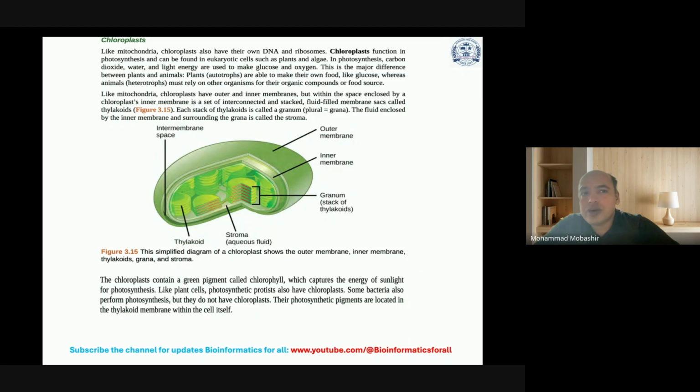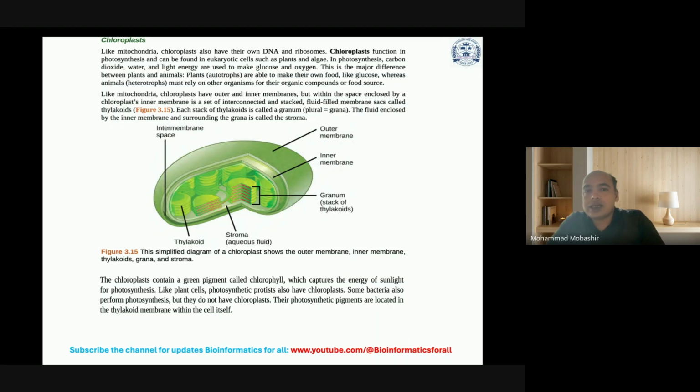Similar to mitochondria, chloroplasts have outer and inner membranes, and within the space is the inner membrane, a set of interconnected, stacked, fluid-filled membrane sacs called thylakoids. Each stack of thylakoids is called a granum, and the fluid enclosed by the inner membrane and surrounding the grana is called stroma.